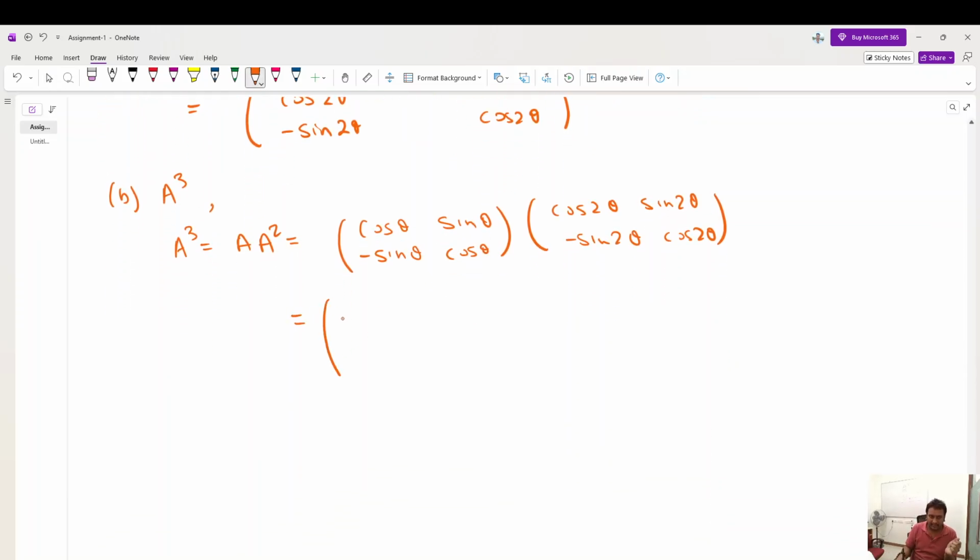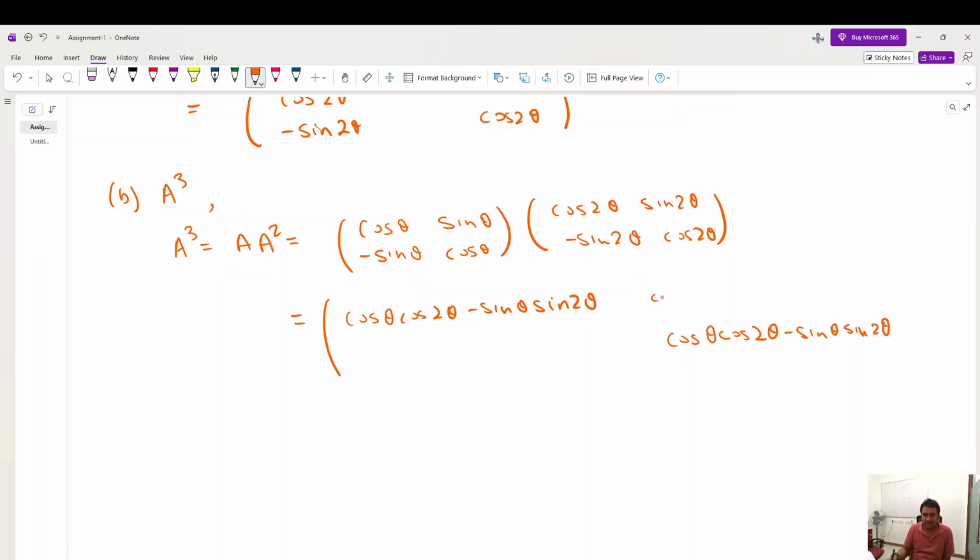So, matrix multiplication again. Cos 2 theta, minus sine theta, sine 2 theta, right? You will get the same term when you do this with this. So you know the pattern now, right? Cos 2 theta, minus sine theta, sine 2 theta. You can verify it. Now this with this.